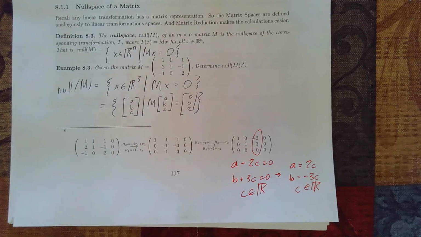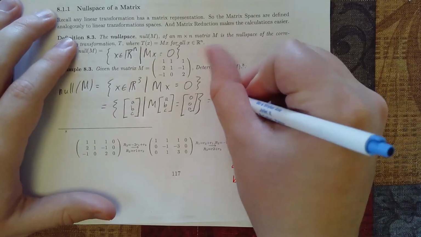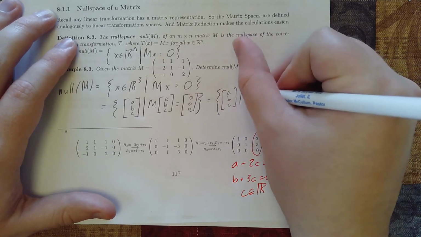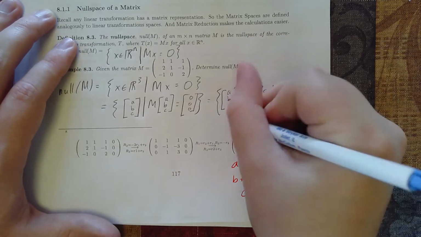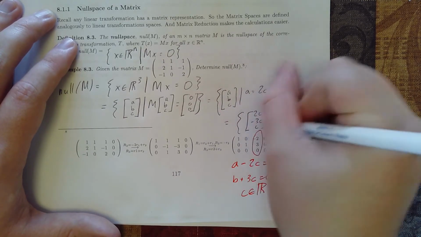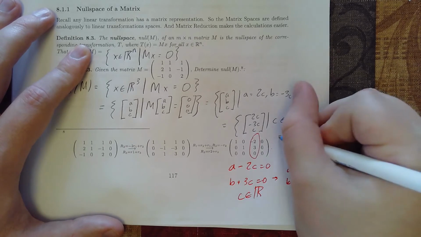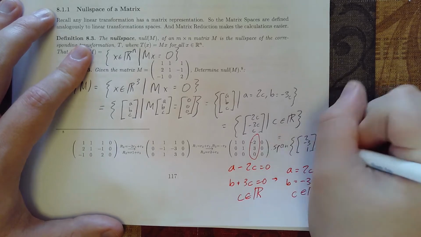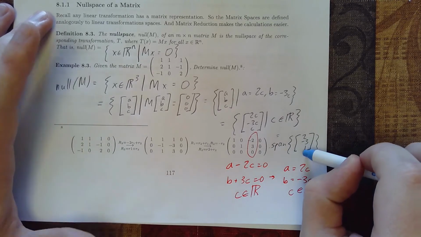And so we can use this to rewrite our set to be the set of all A, B, C such that A equals 2C, B equals negative 3C. So this is the set of 2C, negative 3C, C, such that C is a real number. And so this is just going to be the span of the vector 2, negative 3, 1. So we can verify that this is linearly independent, but there's only one vector.